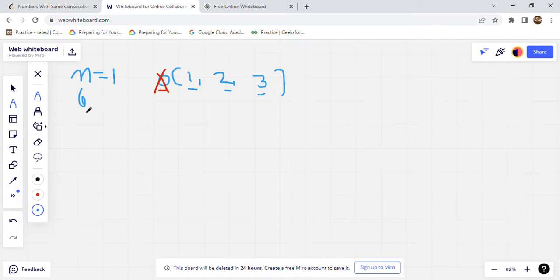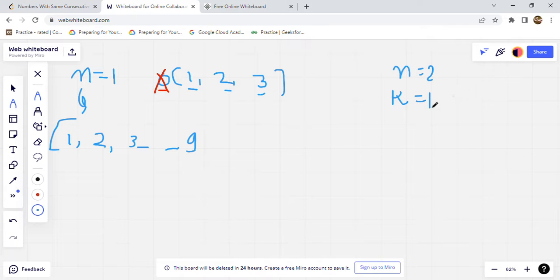If n is 1, then we will return the list 1, 2, 3 up to 9, because one-digit numbers are possible, and we are not checking the difference because there is only one digit, so we will return this directly.